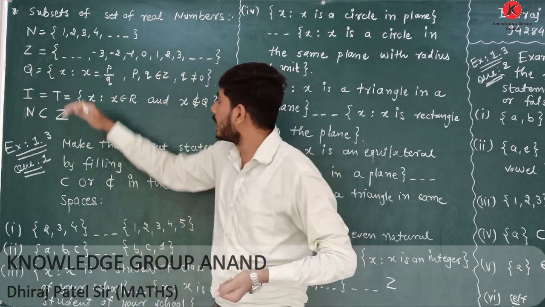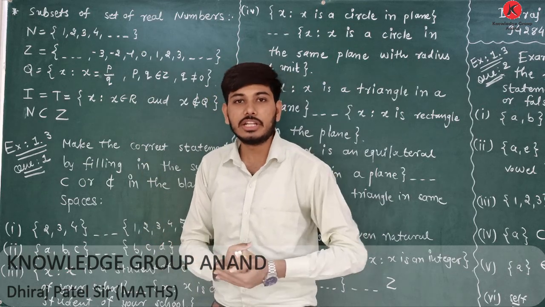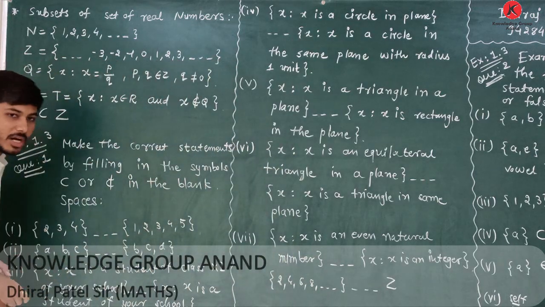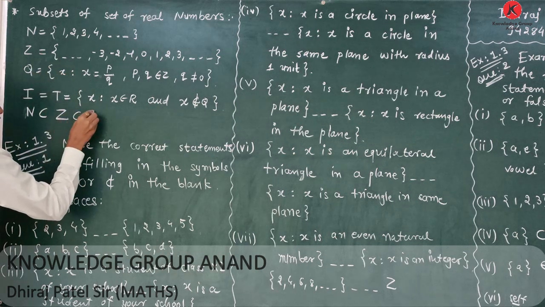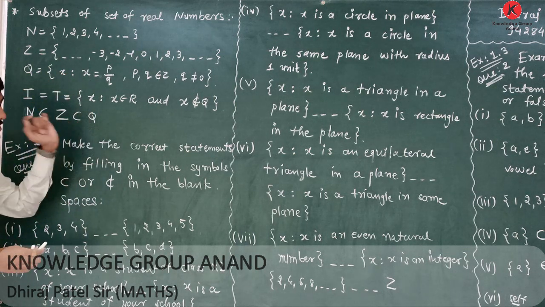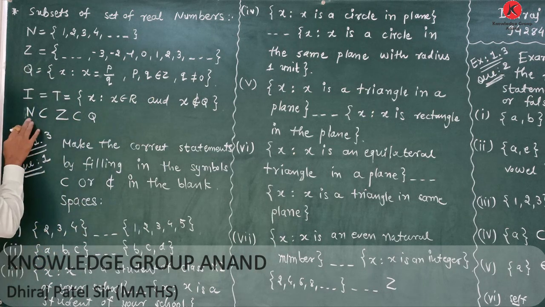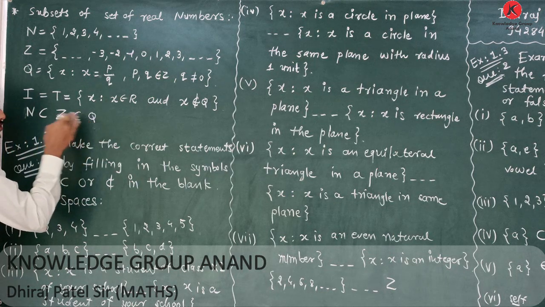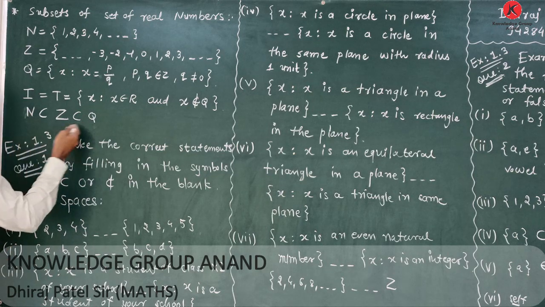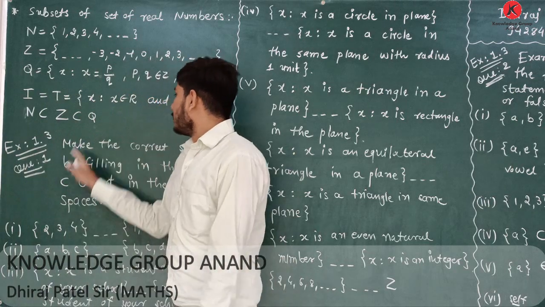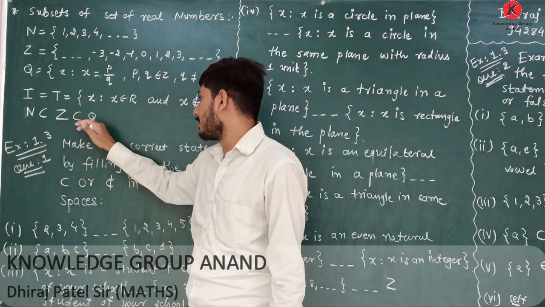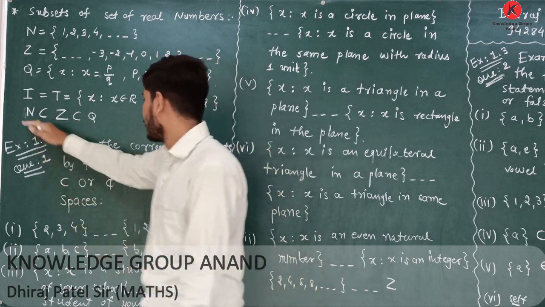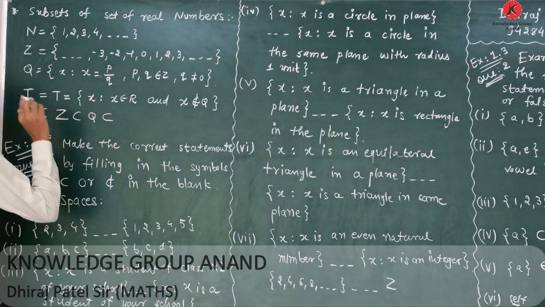Now, see here, all the elements of set N lie in the set Q. All the elements of set N are in the set Q. Therefore, we can say that the set of natural numbers is a subset of Z. N is a subset of Z. Now, all the elements of Z are in Q. We can also say that all the integer numbers are also rational numbers.